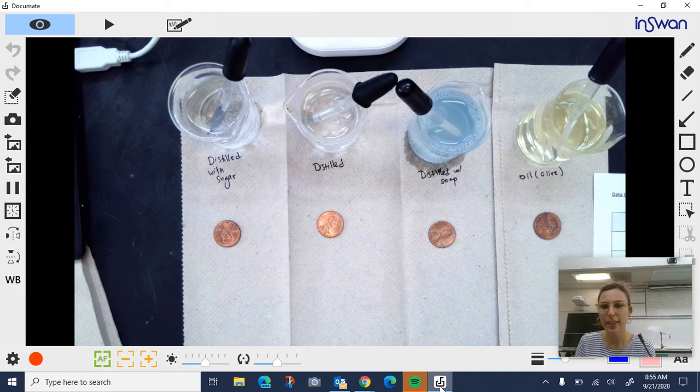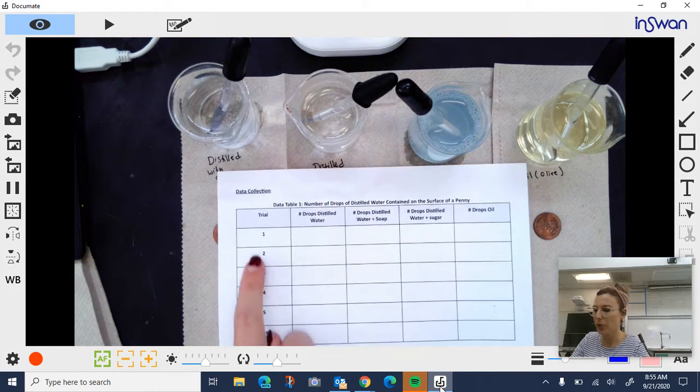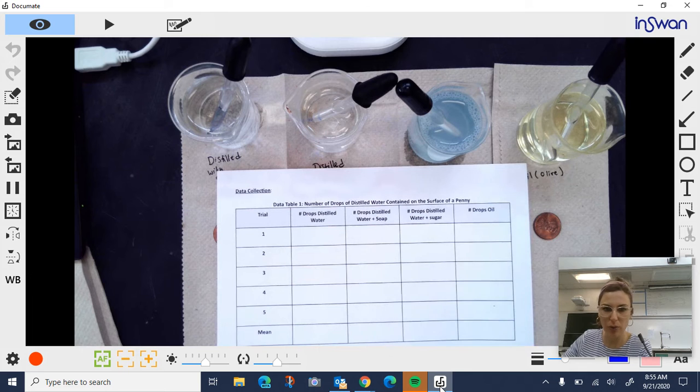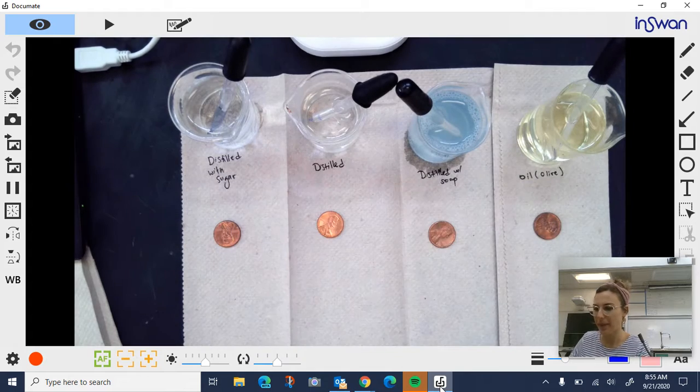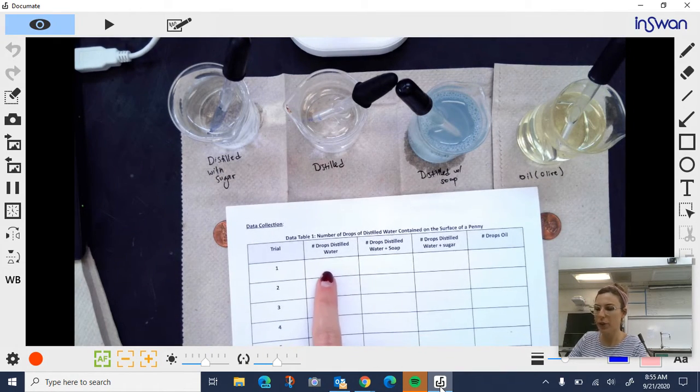For the sake of time, I'm going to record trial 1 and finish it out. You don't need to watch through all of it, and you will get the rest of the data from me. So let's do our first trial, number of drops of distilled water.